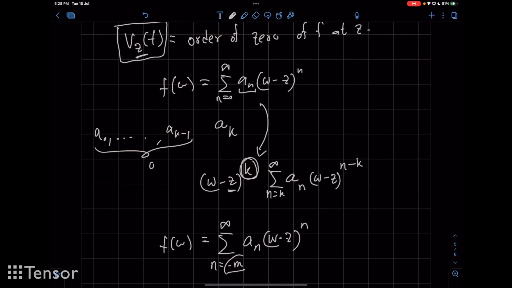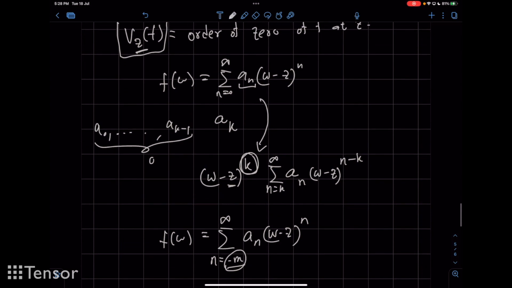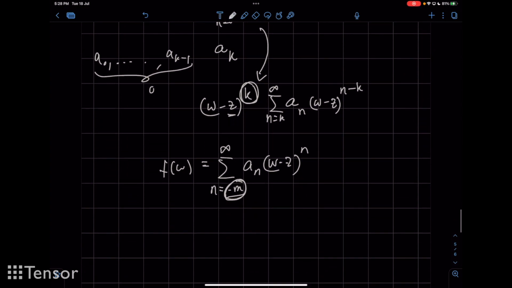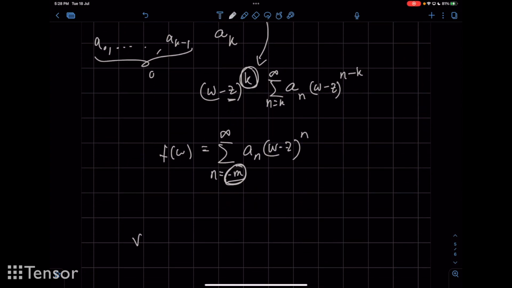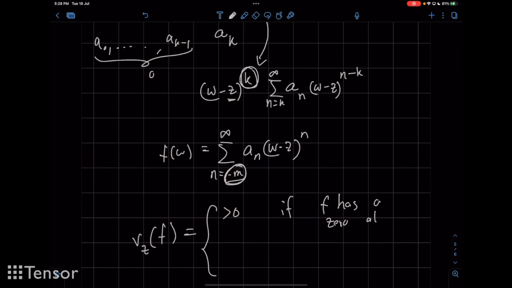So this negative integer is called the order of the pole. And in fact, this is the value of v_z if f has a pole at z. So if we summarize, it's positive if f has a zero at z.